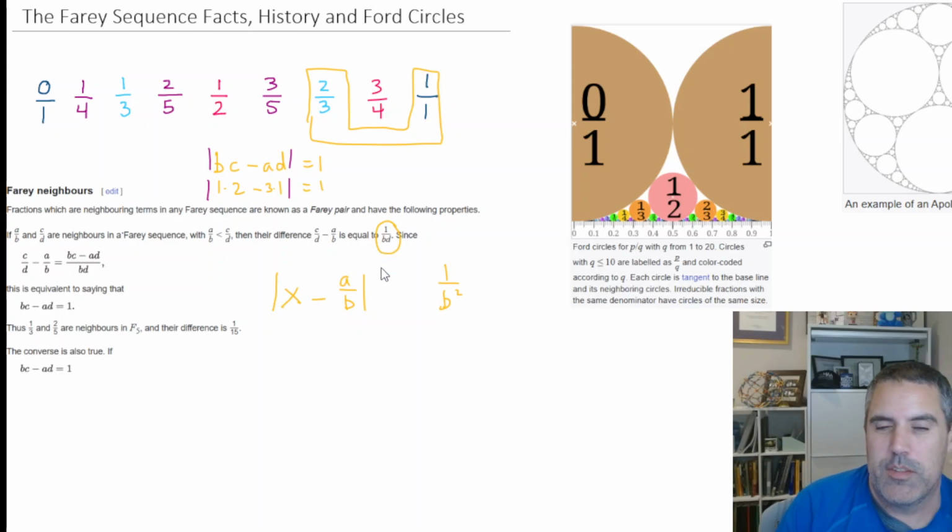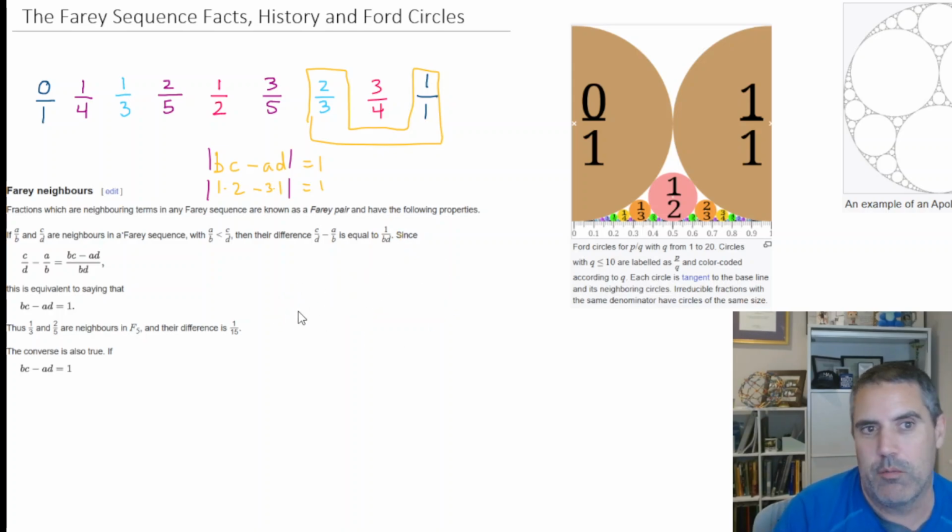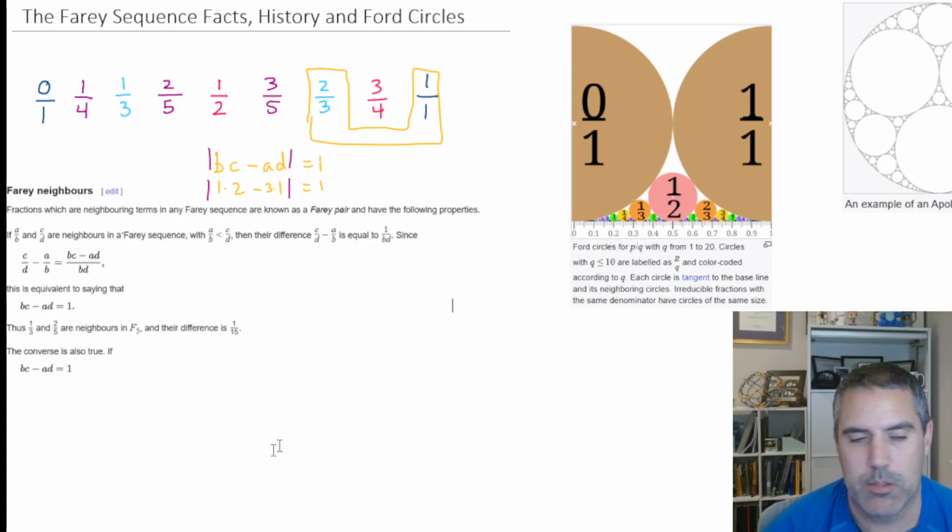And it often has to do with this fact that the distance between them is 1 over this product. People use this to prove facts about rational numbers and irrational numbers. I have a whole book about that. I'm starting to see this connection between this sequence and these ideas.